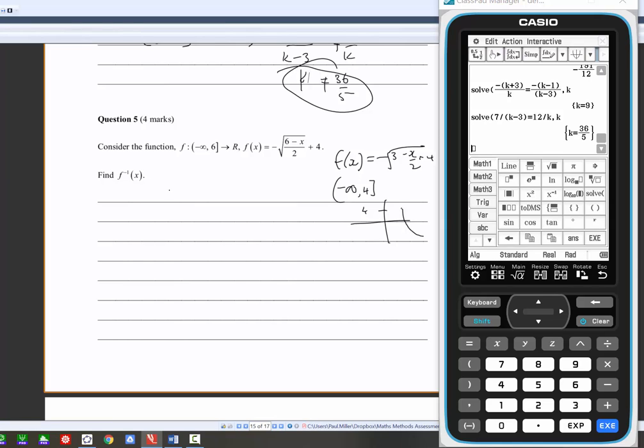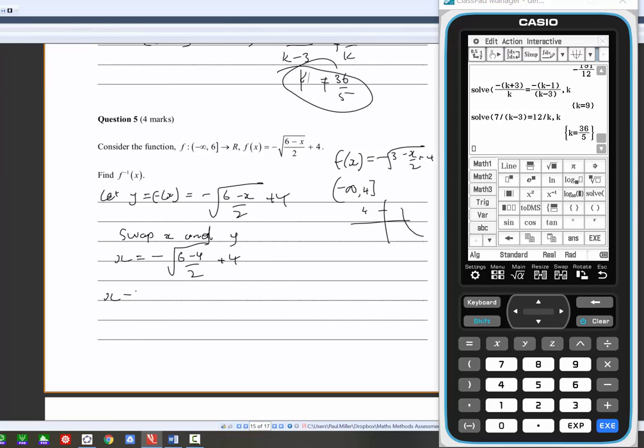All right, now we're ready to invert. So what we're going to do is say let y equal f(x), which equals this thing here, 6 - 3(x - 2)² + 4. We're going to swap x and y. So x is equal to -3(y - 2)² + 4.